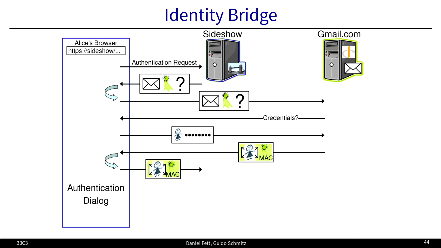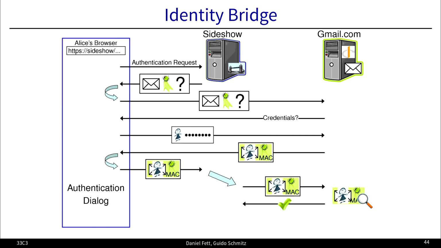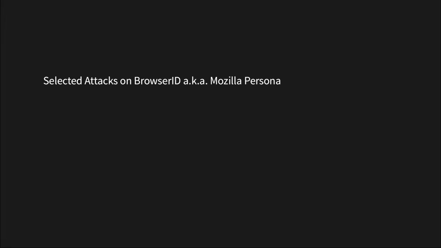Now Sideshow doesn't check the contents of this assertion for itself. Instead, it sends these things to Gmail. Gmail checks everything that is signed and tells Sideshow, yes, this document looks correct to me. Everything was signed by me and was not tampered with. Then Sideshow looks at the document and sees, Alice wanted to log in, so this must be Alice. The user must be Alice now, and Sideshow provides a cookie because the user is now logged in as Alice. So far, so simple. Now for some of the attacks that we found.